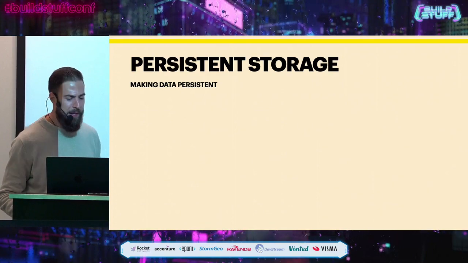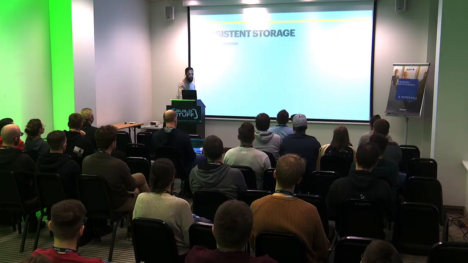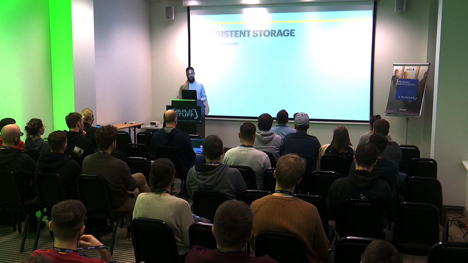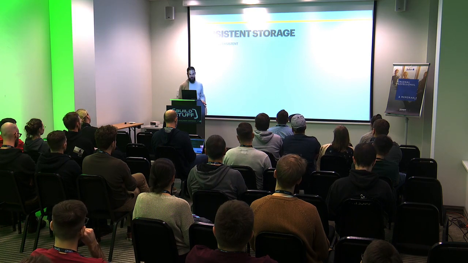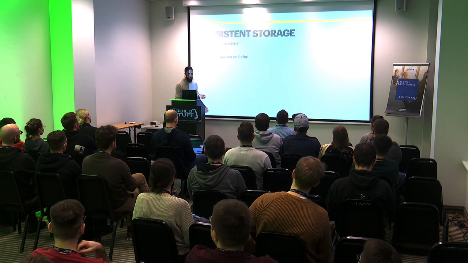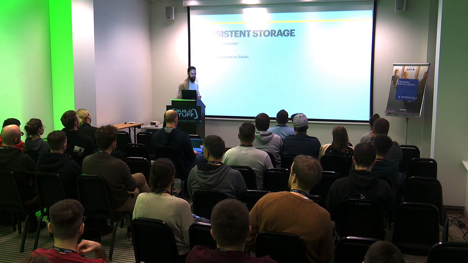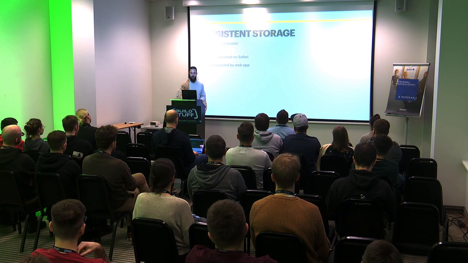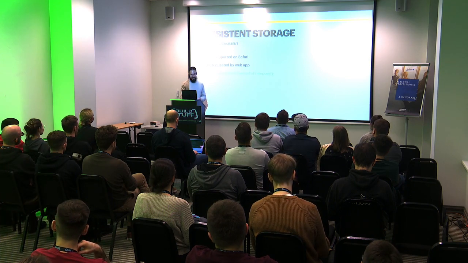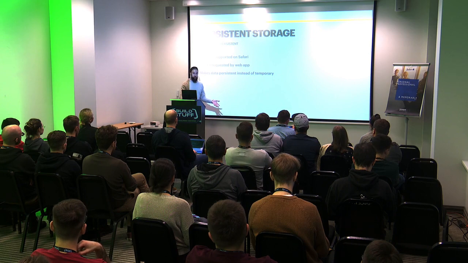So there's an API for that. It's called the persistent storage API, and it allows us to make our data persistent. Now, it is unfortunately not yet supported on Safari. It can be requested by a web app, and it makes your data persistent instead of just temporary.